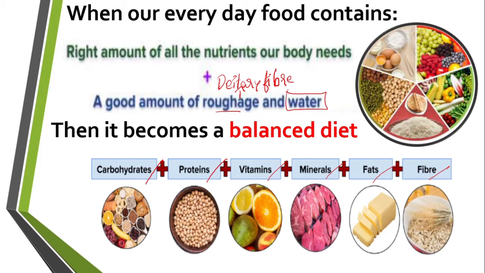It should not be like fats should be more and proteins very, very less, and vitamins a medium amount. Everything should be in the right quantity. We should have a balanced diet every time.